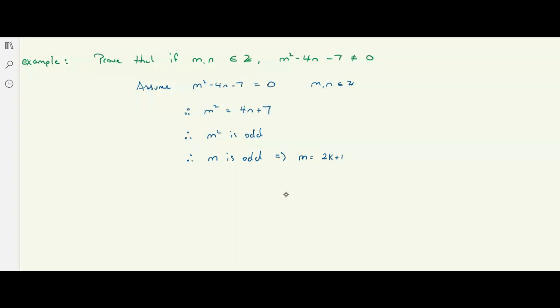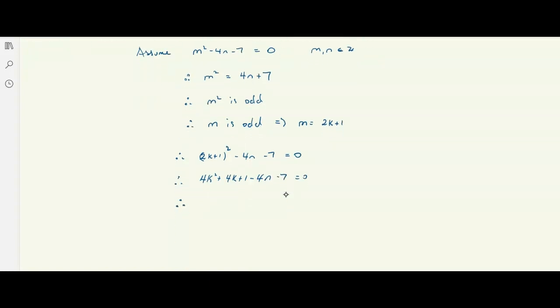Now we go back to the start, to my assumption: (2k plus 1) squared minus 4n minus 7 is equal to 0. Let's see how this looks. This is 4k squared plus 4k plus 1 minus 4n minus 7 equals 0.